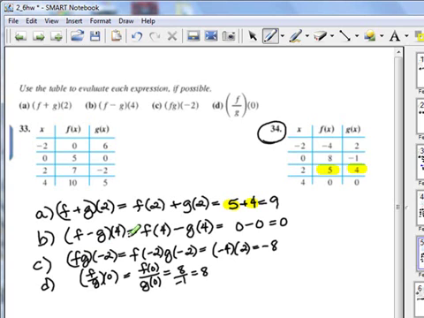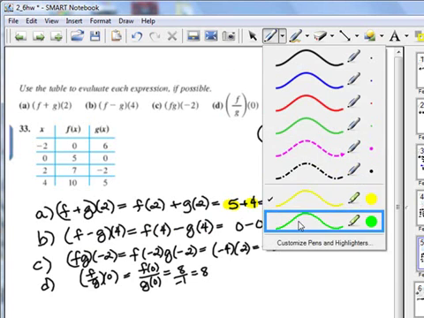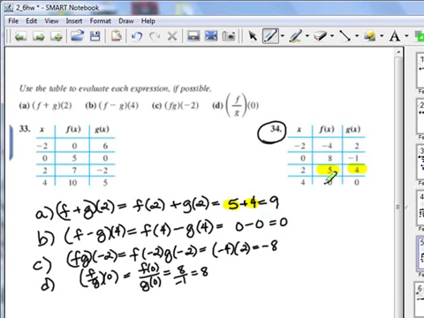F minus g of 4 simplifies to be f of 4 minus g of 4. So what is f of 4? F of 4 is 0 minus g of 4, which is 0. So 0 minus 0 is 0. F times g of negative 2 is f of negative 2 times g of negative 2.